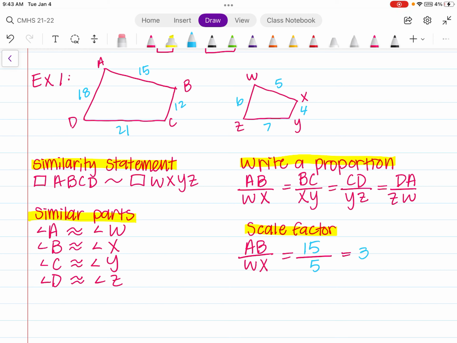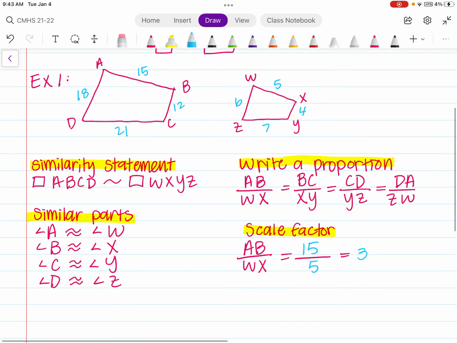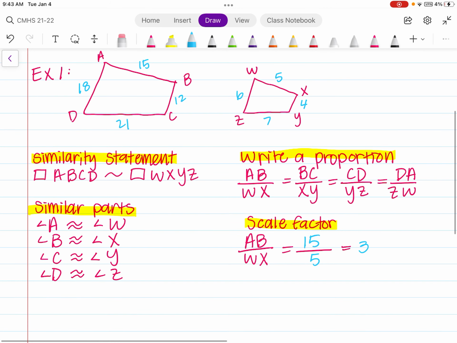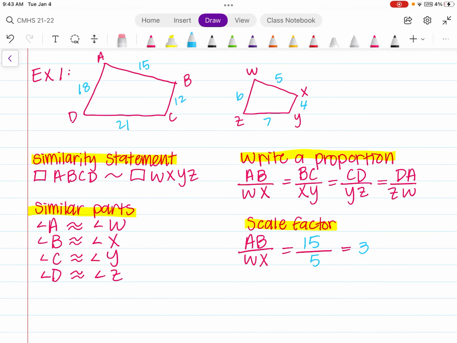So the scale factor is 3, and you always try to put the bigger number on top of the smaller number because you typically like your scale factor to be a whole number and not a fraction. If we would have flipped it over, it would have been 1 over 3. So that is how to do all of that stuff. Whenever we do practice problems, it will ask you to do certain things. So that is what you do whenever they ask you to do certain things.